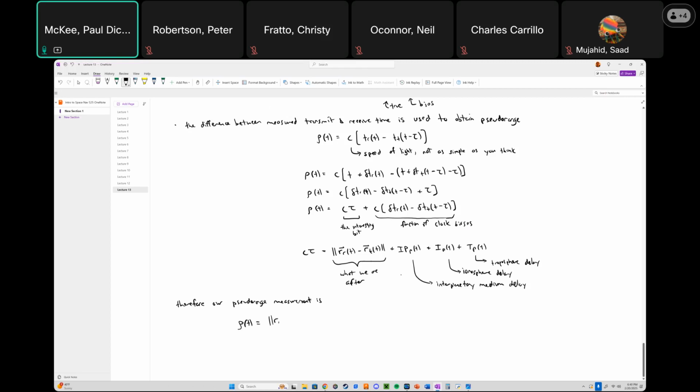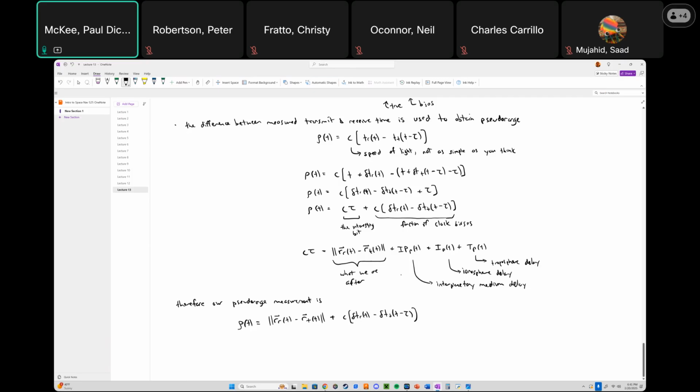So we have RR of t minus RT of t. Or I guess in the diagram above, this would be R minus PI, right? Same concept, we're just changing our nomenclature a little bit. So this is what we're after, plus c times delta TR of t minus delta TT of t minus tau.